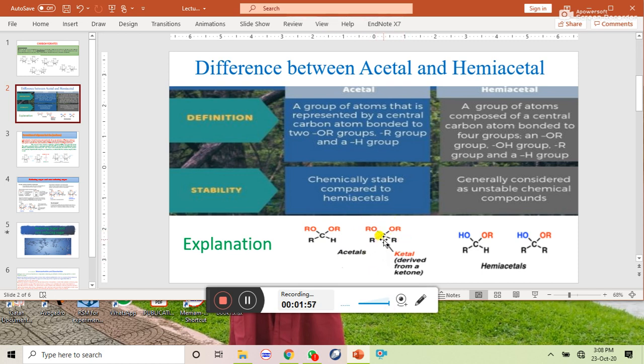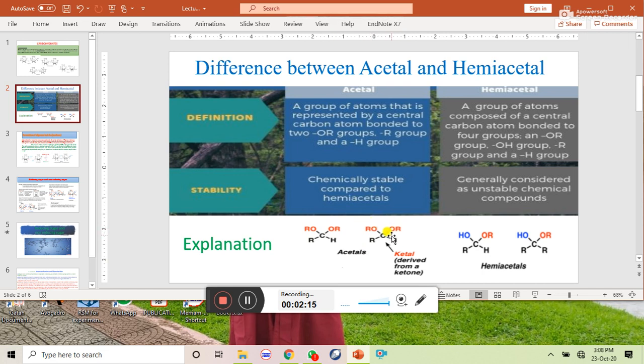Here you can see the central carbon atom is attached to two OR and two R. So the necessary thing is that the central carbon atom should be attached to two OR.